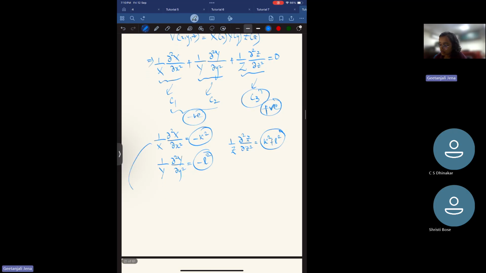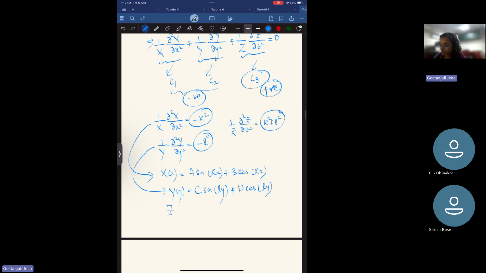For x, it should be A sine kx plus B cos kx. For y, it is C sine ly plus D cos ly.